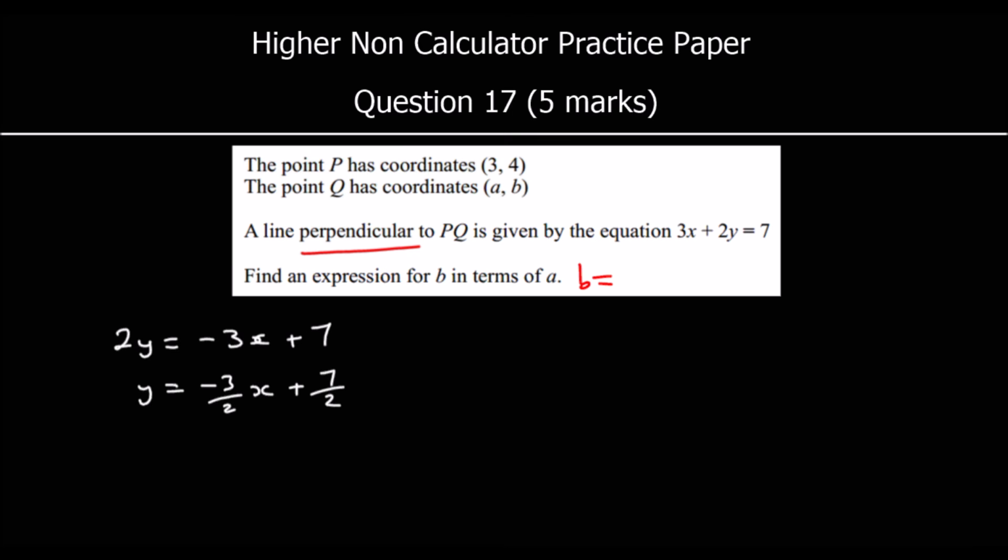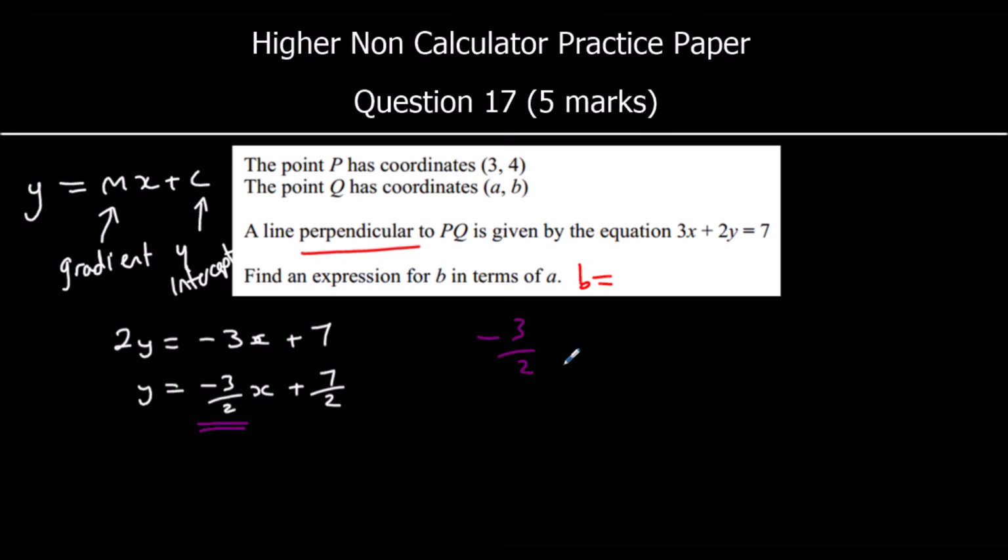So in the form y equals mx plus c, m is the gradient, and c is the y-intercept. So the perpendicular line has got a gradient of minus 3 over 2.